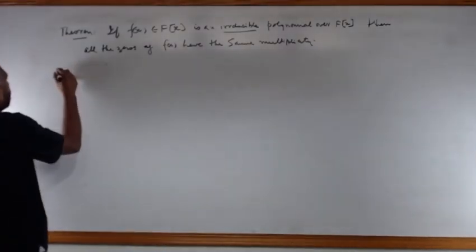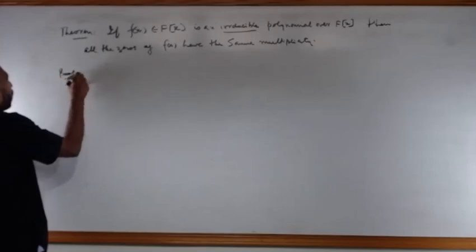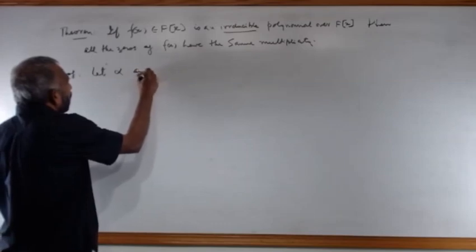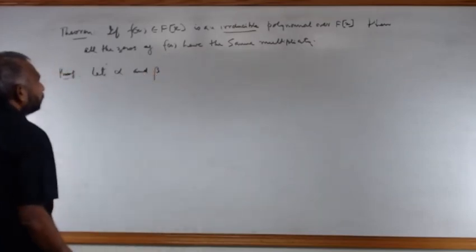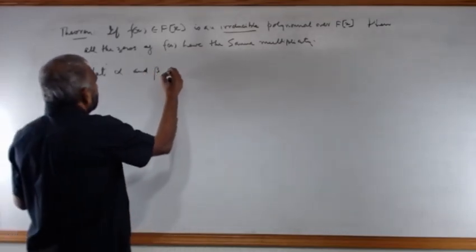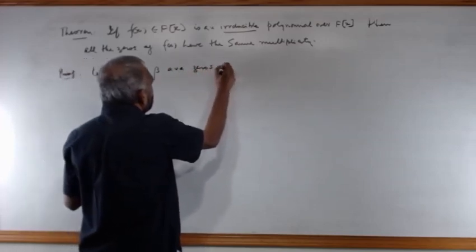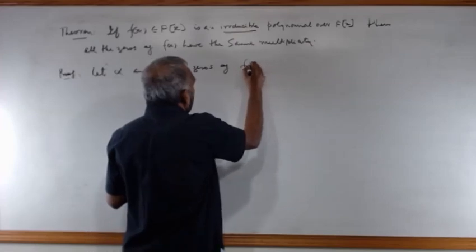So, proof. Let alpha and beta be zeros of f(x).